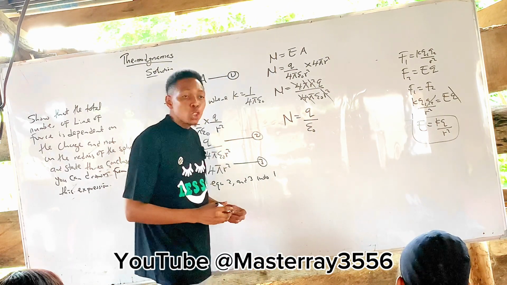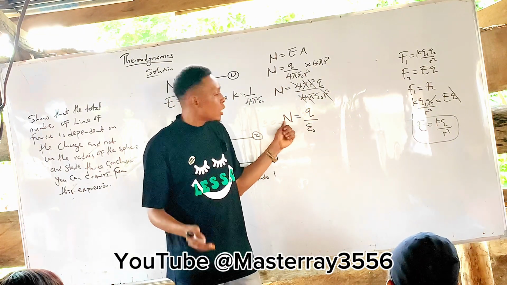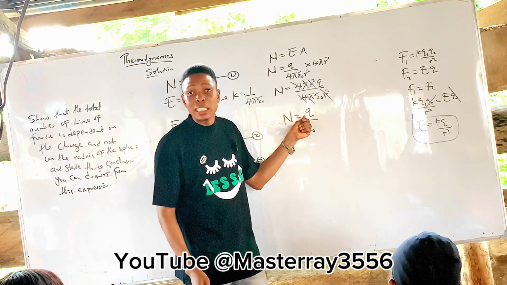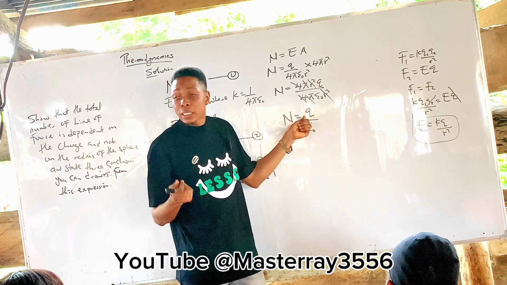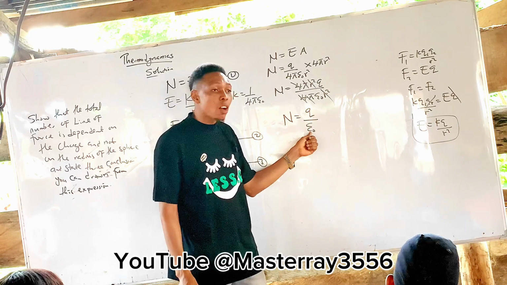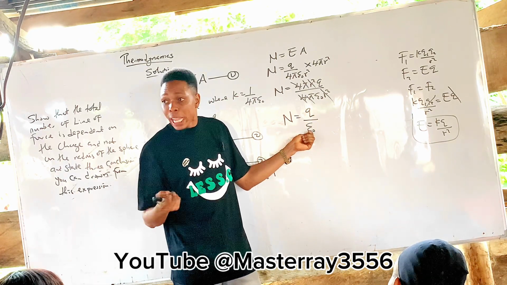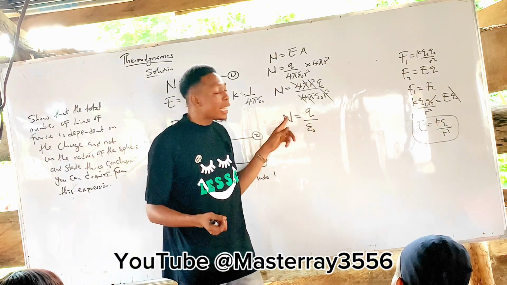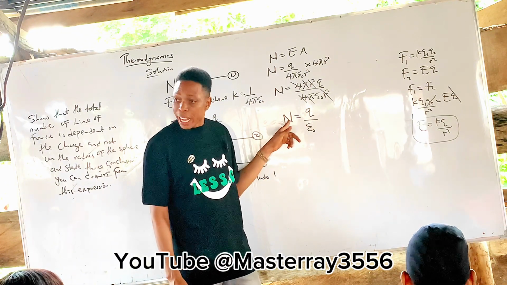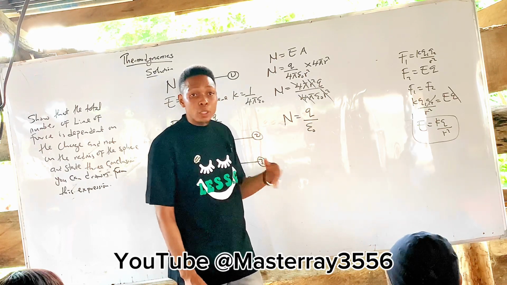Now don't forget, normally if you want to get the value for N here, you can get it because your Q, which is charge, has a constant value, 1.602 times 10 power minus 19 coulombs. Even the permittivity of free space also has its own value, which is 8.854 times 10 power minus 12. So if you divide the two, you can easily get the value for N. That means your N is not depending on the radius anymore.